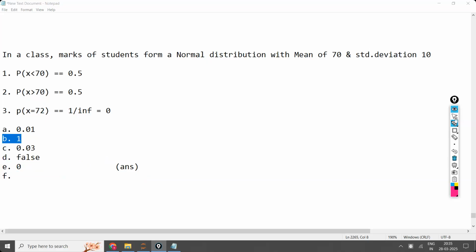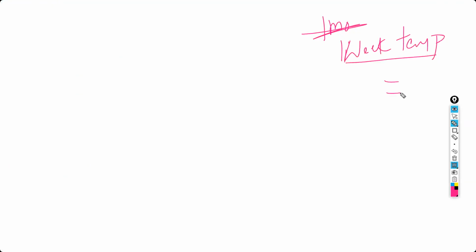For example, you have the temperature. I have given the temperatures of the last 1 week, 7 days of temperature. Based on the last 7 days, I asked what would be the temperature tomorrow.